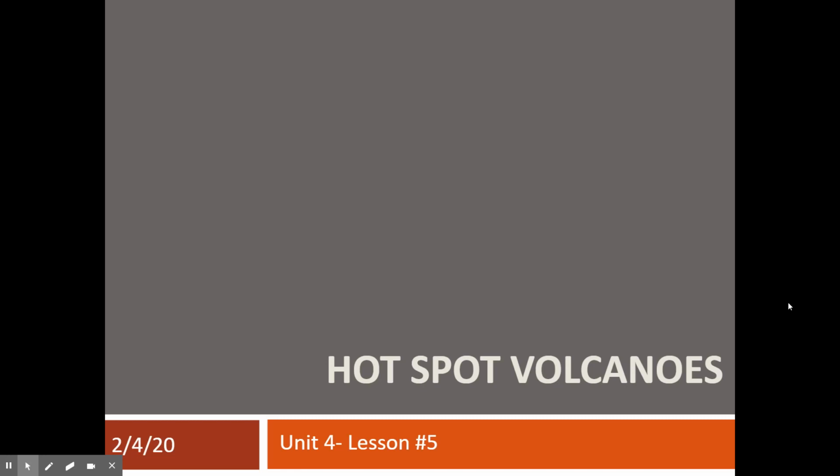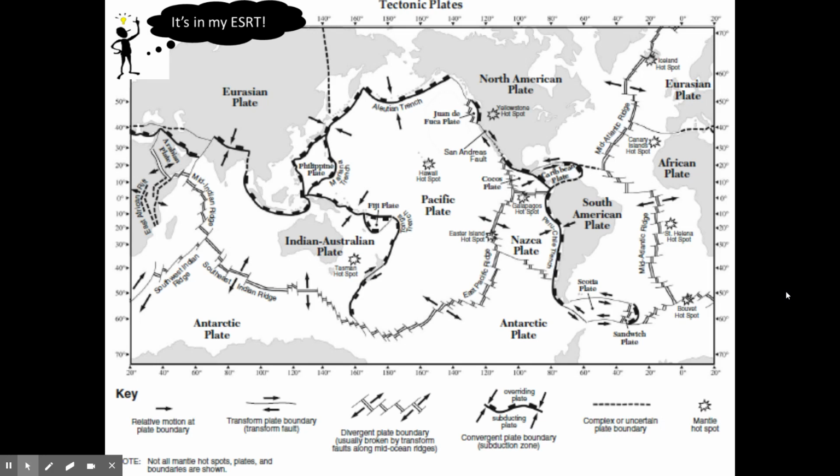So let's just describe what hotspots are, and let's go to our reference table and take a look at this page that we've been looking at with tectonic plates. Obviously, we talked about the borders, the boundaries of all these plates, how they're moving, how they're colliding and diverging, and all that stuff. But I never mentioned this little thing that's in the bottom right-hand corner called mantle hotspots.